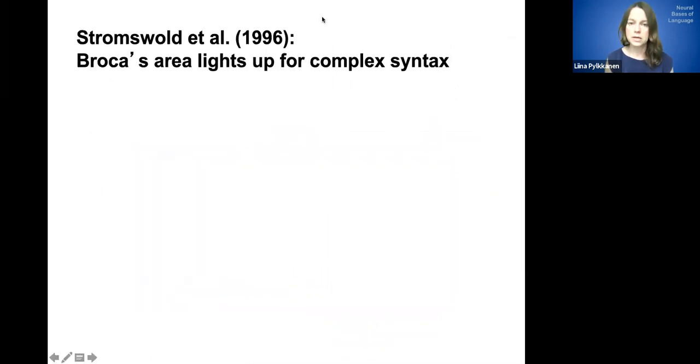Okay, so let's take a quick peek at the Stromswold et al. study. What they found was that if we manipulate the difficulty of syntactic processing, so on the one hand you have an easy structure to compute, and then you have a harder structure, the harder structure seems to engage Broca's area.